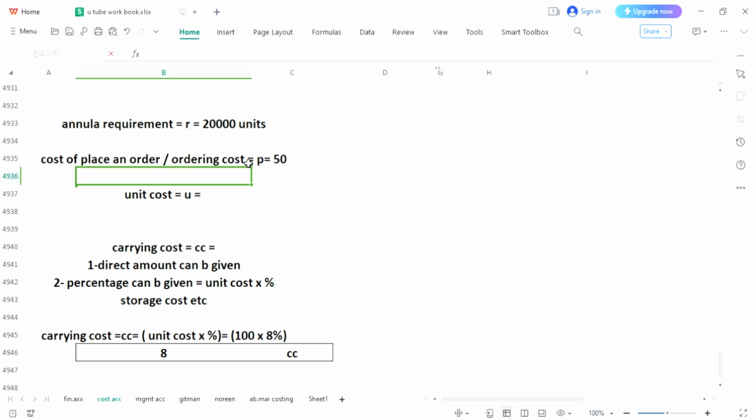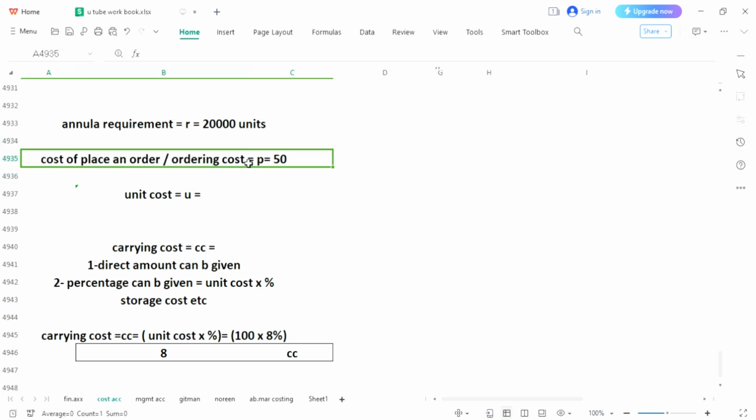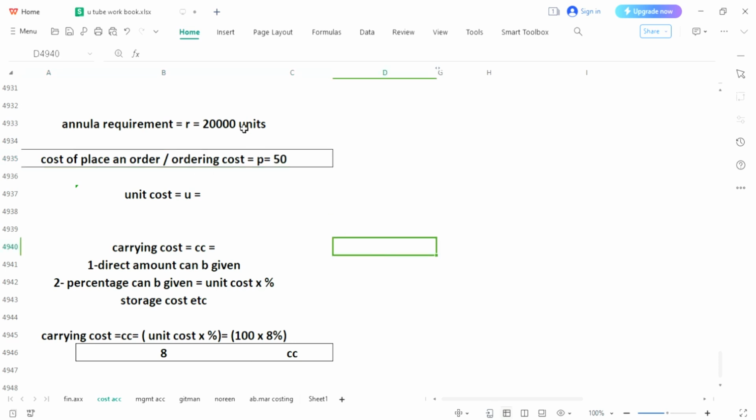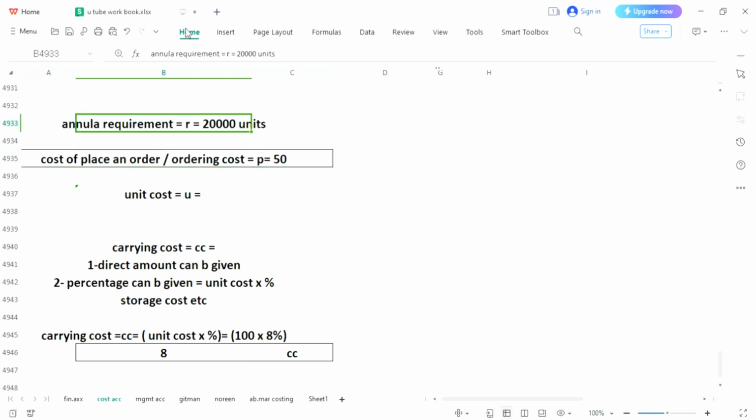The second element has been identified, so we are marking it so that we can put it in our formula. So three elements are recognized from the question.